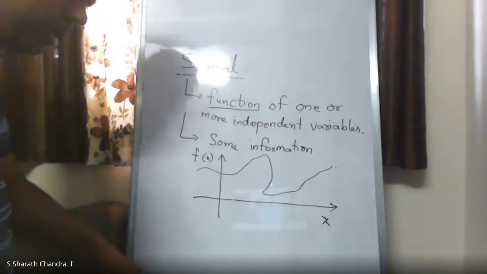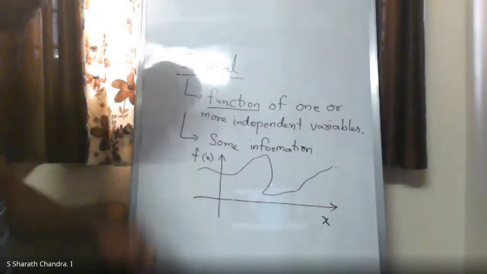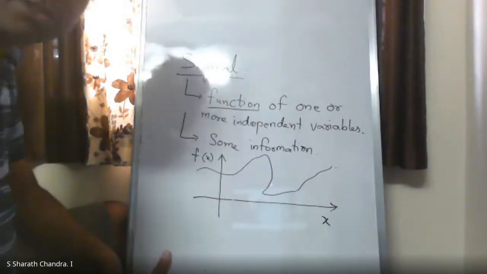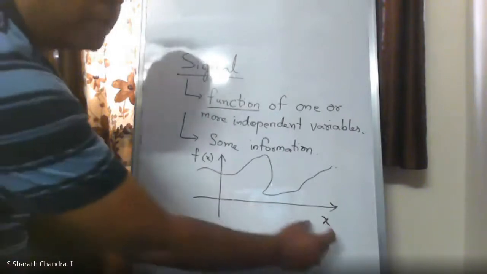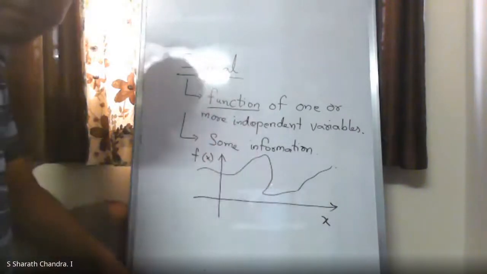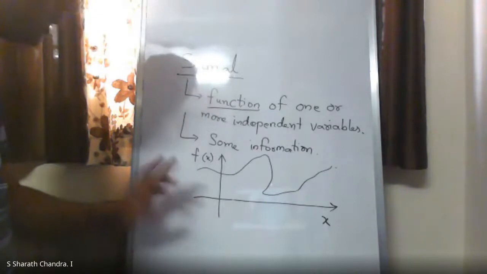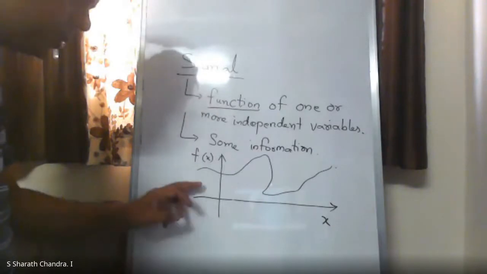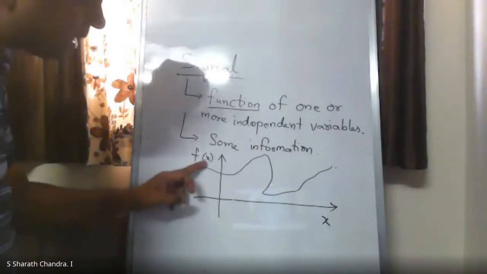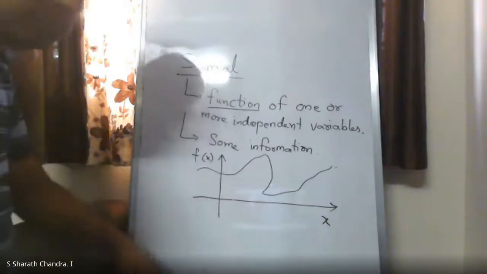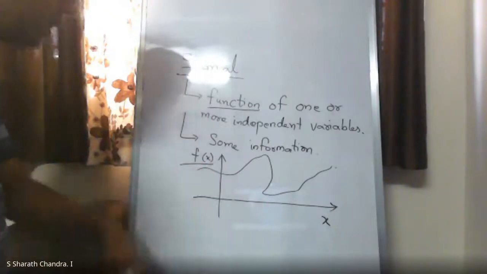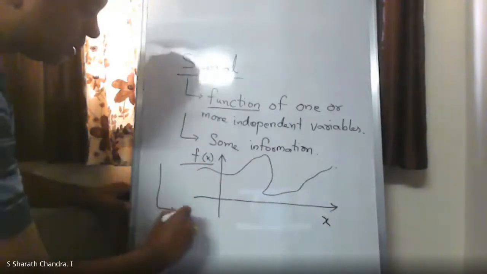The functions can also be defined with respect to their dimensions, based upon the number of independent variables they depend upon. When a function depends upon a single independent variable like x, I call this f of x a one-dimensional signal.